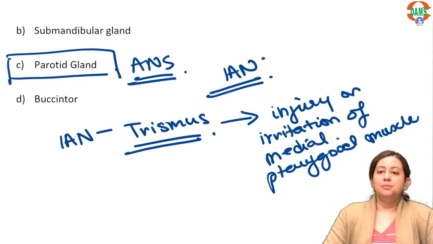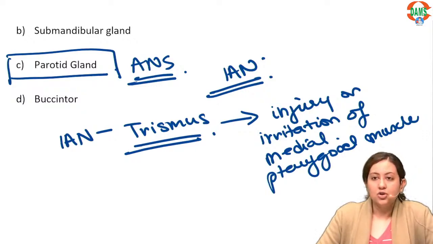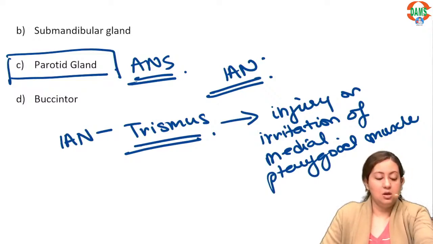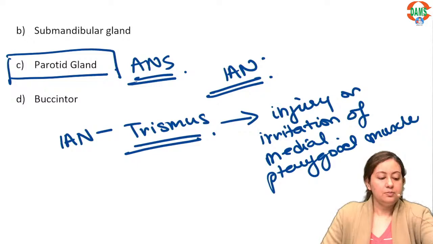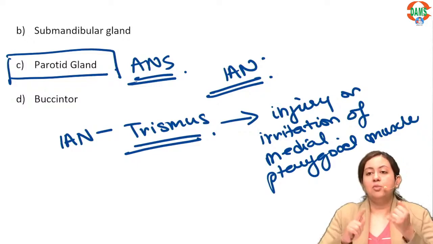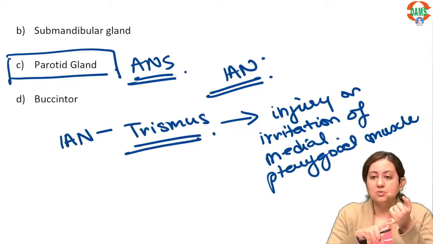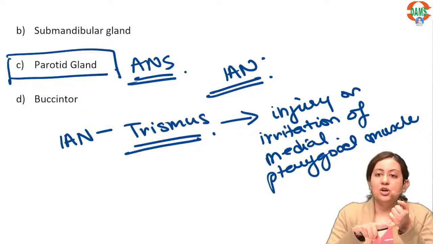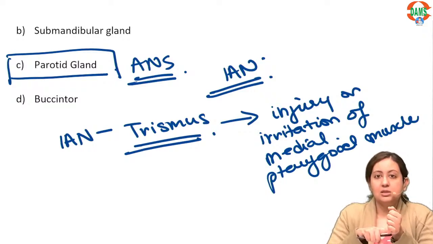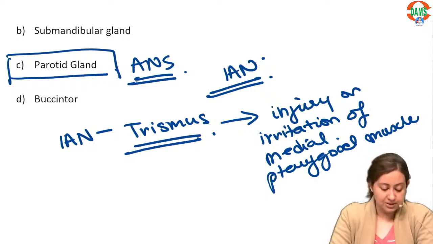Please remember, trismus is not due to injury or irritation of the buccinator muscle. It is due to injury or irritation of the medial pterygoid muscle. So during an inferior alveolar nerve block, you can cause a transient facial palsy, or you can cause trismus, which is due to injury or irritation of the medial pterygoid muscle and not the buccinator muscle.